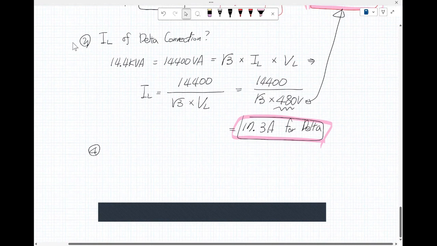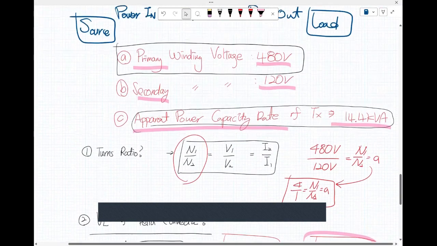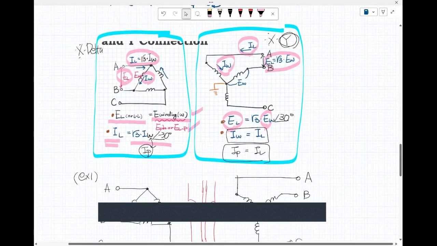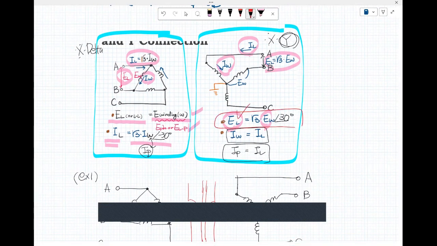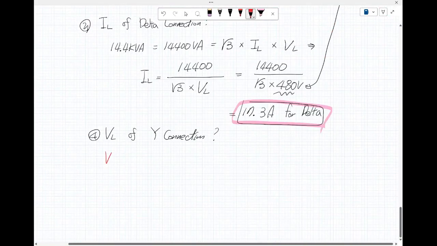So what is the line voltage of the Y connection? Go back upstairs here. For the Y connection, the formula is line voltage equals root 3 times phase winding voltage.